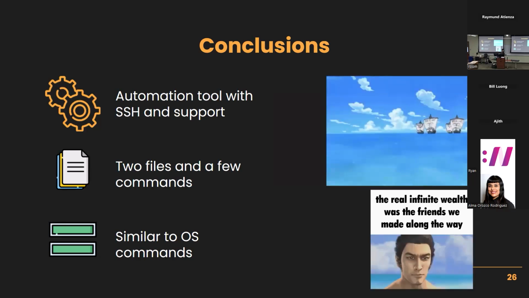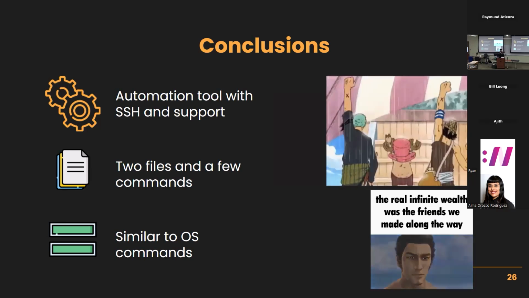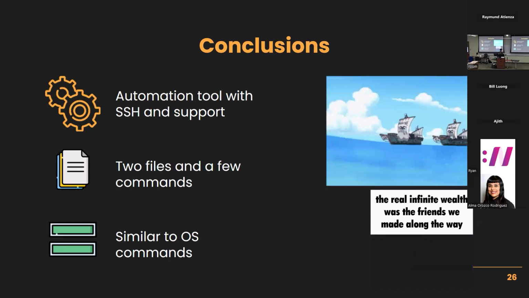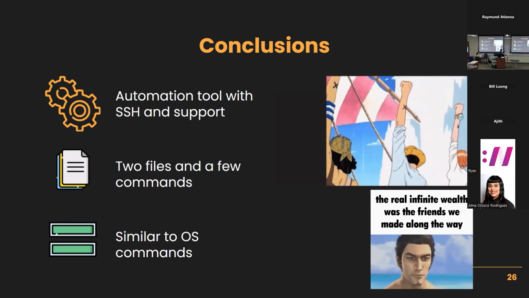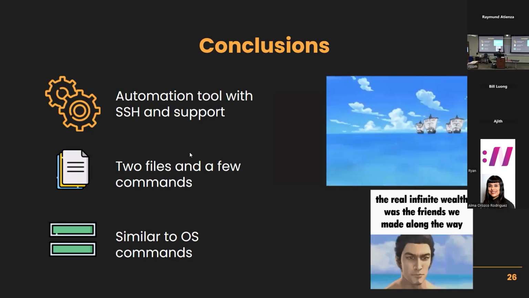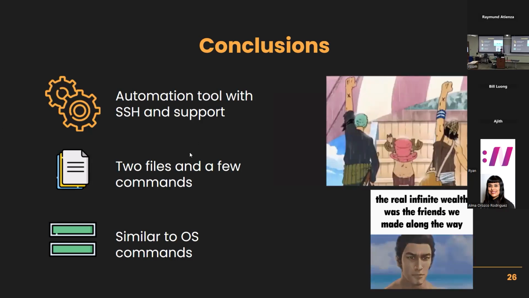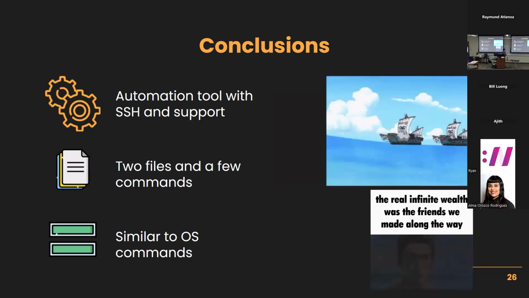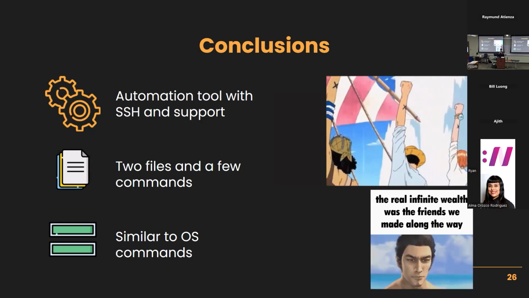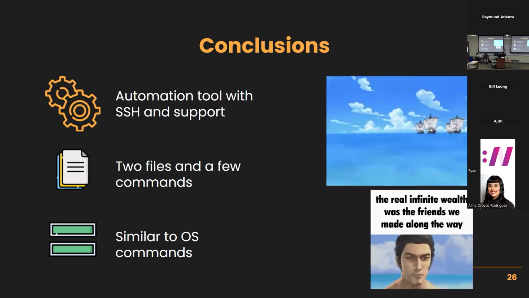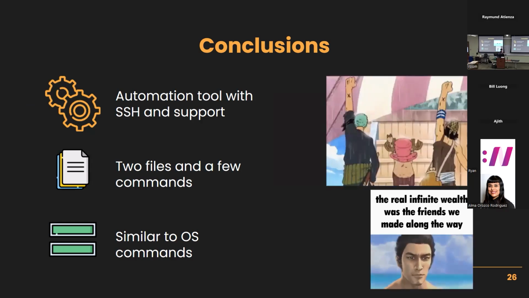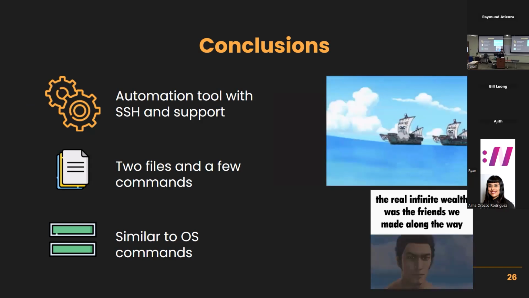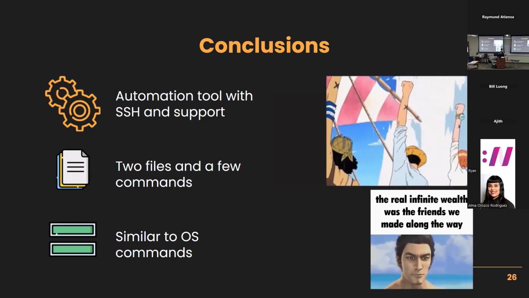It's been around for a few years, there's a lot of documentation, a lot of people use it and it's well known. It's really straightforward to set up. You just need SSH, and there are guides on how to set that up. All you need is two files and learning the command line. Two files and a few commands can run 100 commands on three machines. Do the math, right?